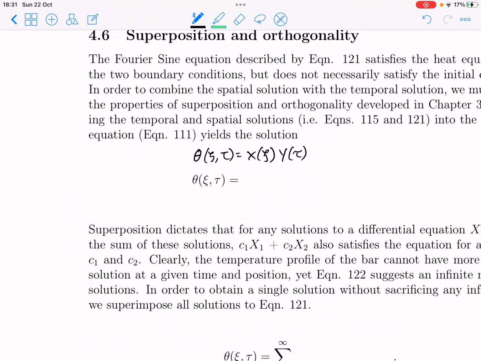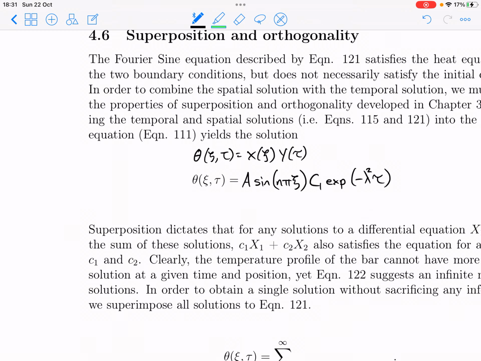So we'll plug in our value for X. That's again a sine n pi xi. We've solved for Y, but we haven't solved for the constant of integration. So we've got c1 exponent negative lambda tau. I believe that's a lambda squared. So we've got our full eigenfunction solution.